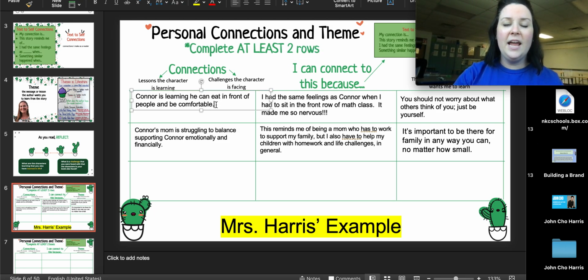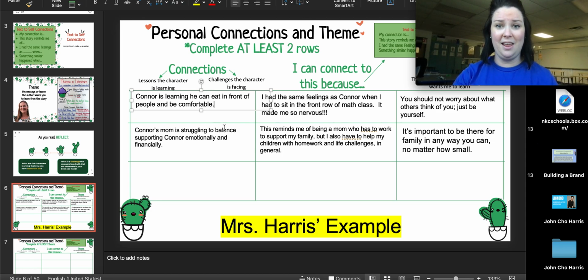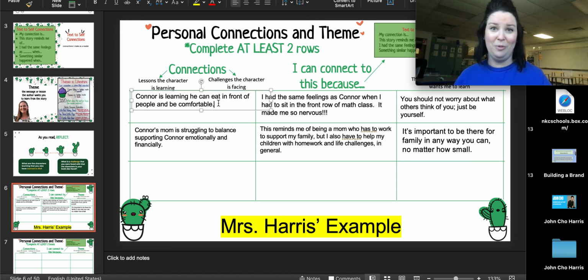Our first column is for the connections that I'm making. I can connect to this because, and then going on to what the theme is. So, lessons the character is learning, challenges the character is facing. This one is about Connor learning something in the story. Connor is learning he can eat in front of people and be comfortable. This is a very gradual thing, and Avon's helping him with that.